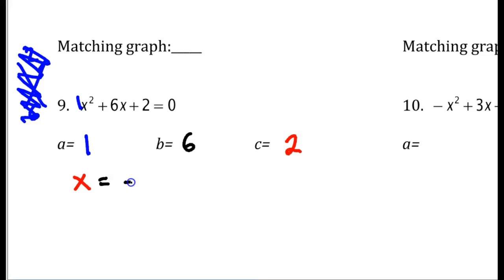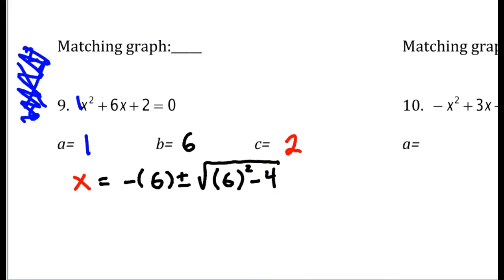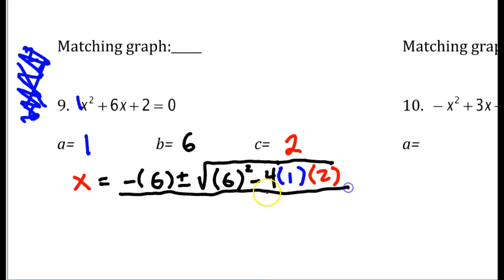We're going to have negative b, so negative 6 plus or minus the square root of b squared minus 4 times a times c, all over 2 times a.